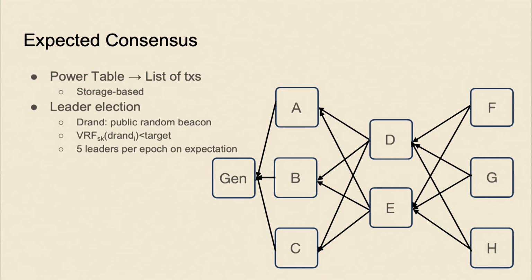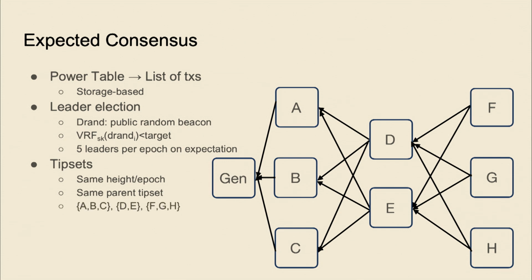So Filecoin introduced the notion of tip sets. Basically, a set of blocks will form a tip set if they appear on the same height, or are mined in the same epoch, and at the same time have the same parent tip set. For example, on this simple DAG on the slide, we have multiple tip sets.